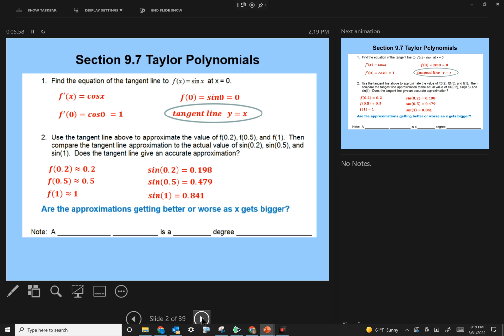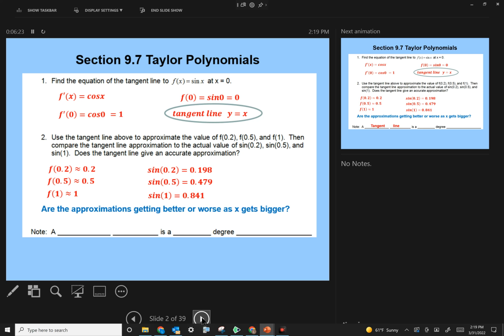Do you notice anything about these? Is my approximation getting better or getting worse as I move towards 1? It's getting worse, right? Where was my tangent line centered? At x equals 0. So the closer I am to the point of tangency, the better it is, correct? Does that make sense?